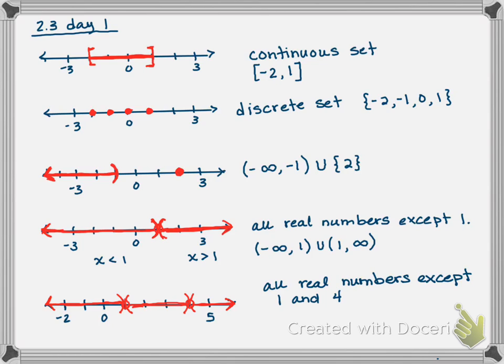So then there's no smallest value. We go up to 1, don't include it. Start up on the other side, go up to 4, don't include it. And then all the way up to the top. Probably the most common error on these is skipping the 1 to 4 piece.